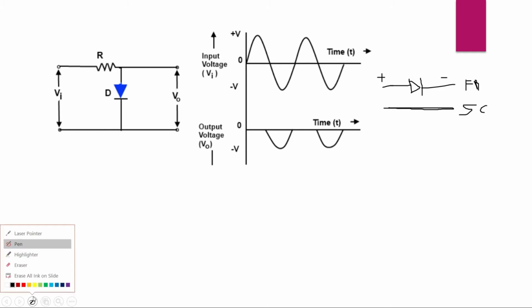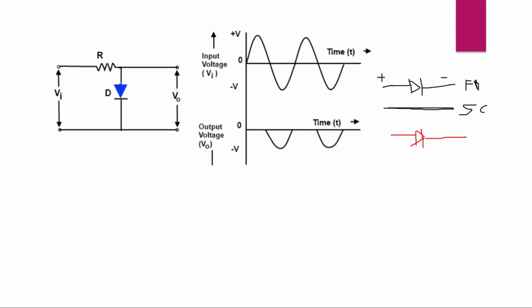When the diode is connected in the opposite manner, the diode is connected in this manner, this connected to the positive terminal and this connected to the negative terminal, then we call it reverse bias.